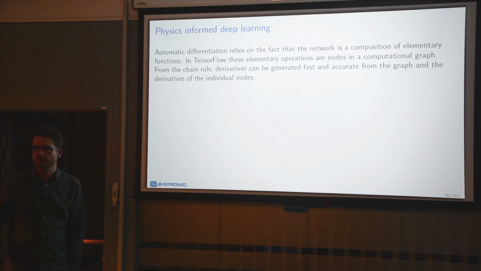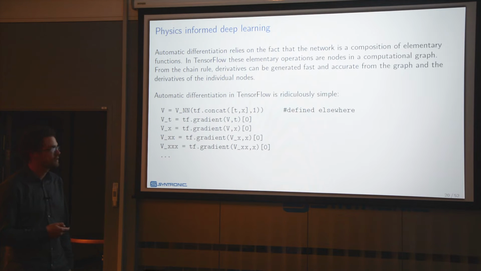And then using the chain rule, derivatives can be generated quickly using the graph and the derivatives of the individual nodes in the graph. And this is extremely simple code-wise in TensorFlow.